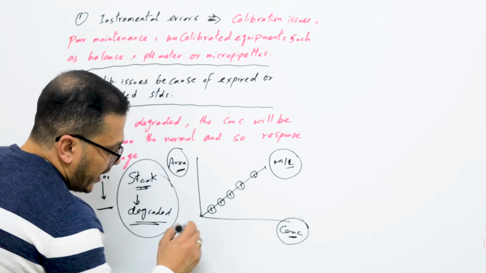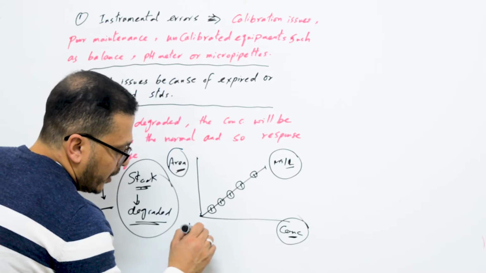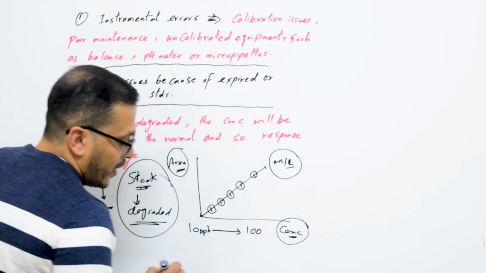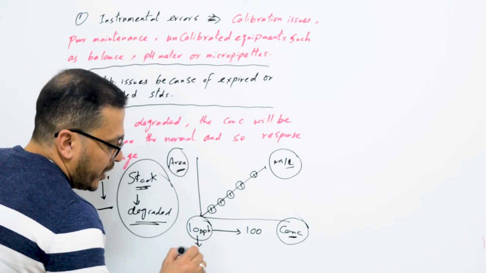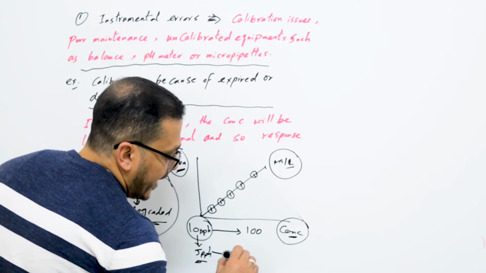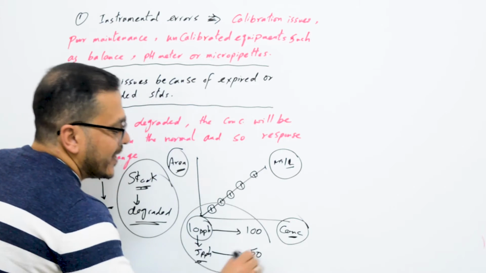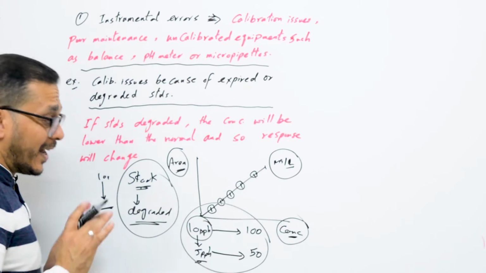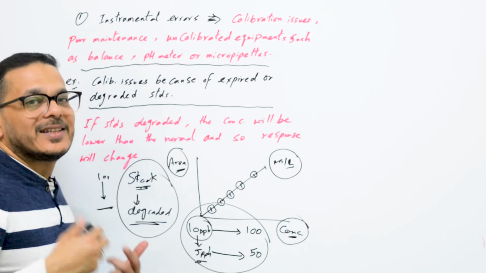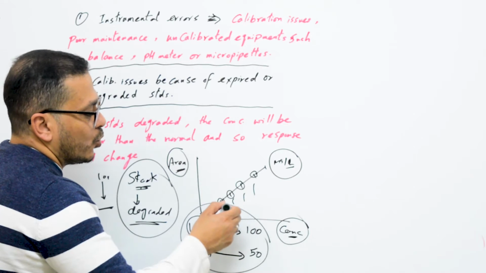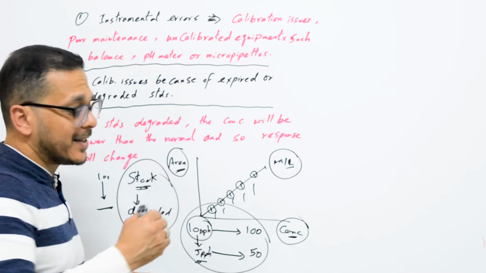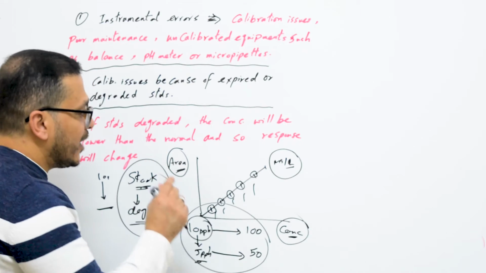But if the concentration should be 10 ppb and the area should be 100, and this concentration became lower, became 5 ppb as an example after degradation, and the area became 50, everything is the same for each standard, so the calibration will be accepted within acceptance criteria, but it's not the real concentration for each one of them. That will also affect the concentration of target analytes in the unknown sample, and I will explain why now.